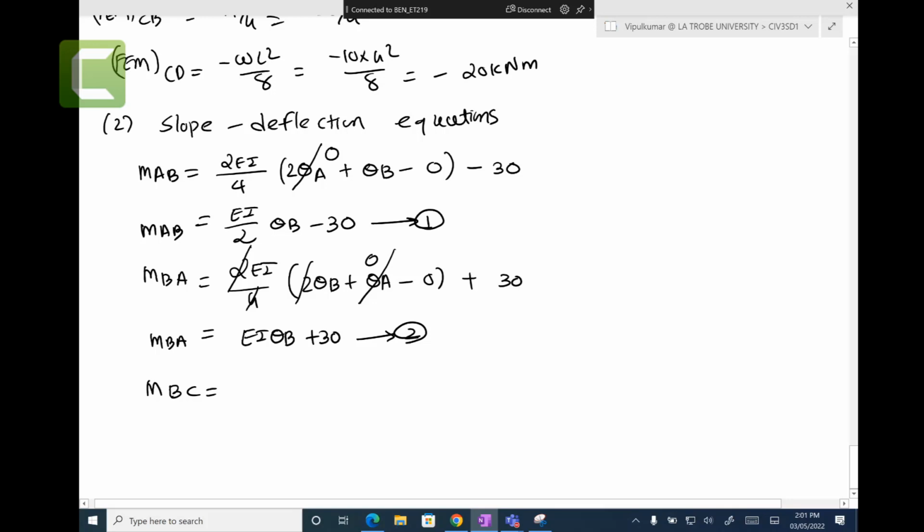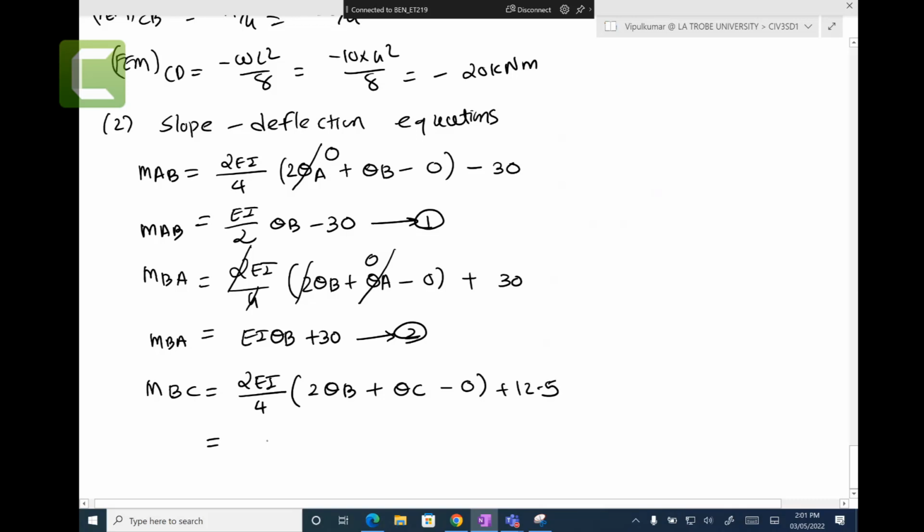MBC, both are fixed, B and C. So 2 EI, the length of BC is 4 meters, 2 theta B plus theta C, minus 0 and plus 12.5.